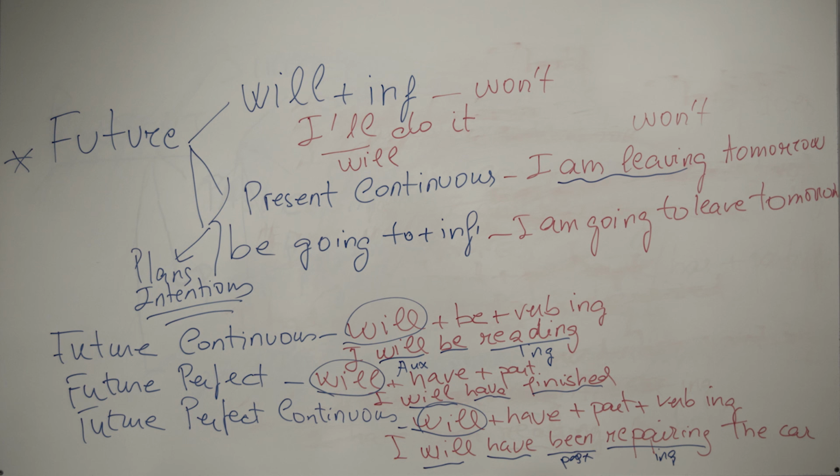Will be reading, a durative action; will have finished, an action finished in the future; will have been repairing, an action durative in the future and finished in the future. Okay? These are the most important elements for the future, right?